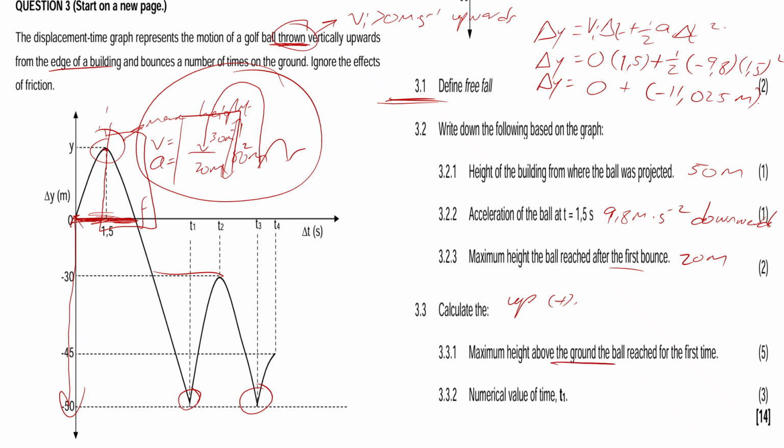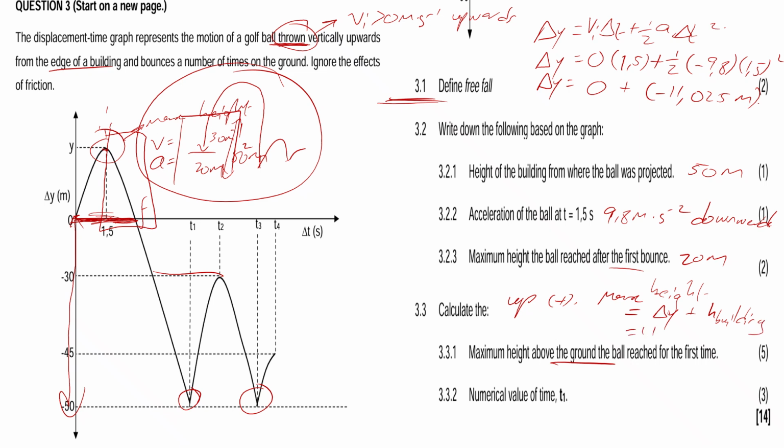So the maximum height will be equal to the displacement plus the height of the building.